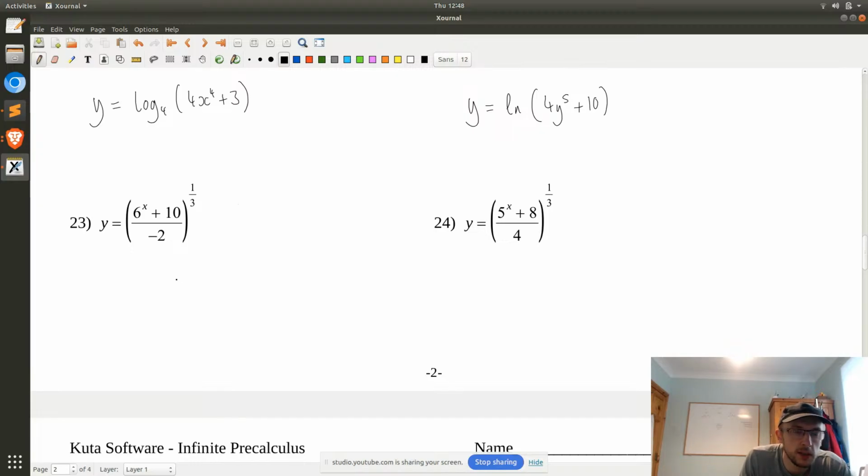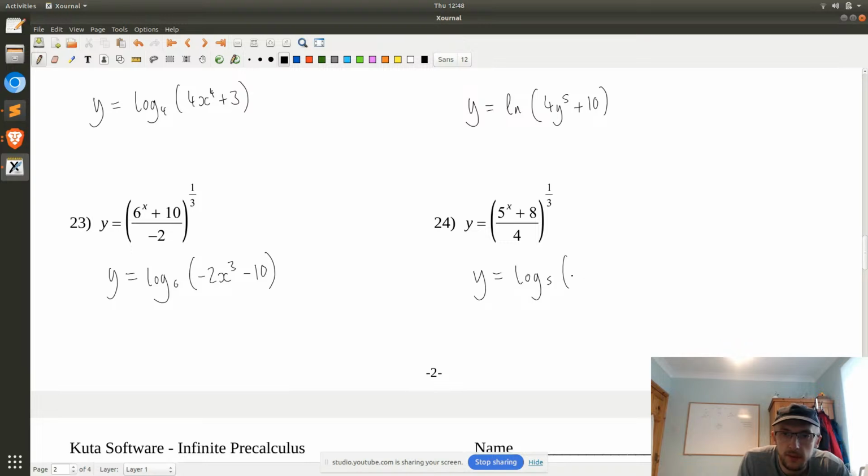Minus 2y cubed plus 10 log base 6. Okay. 4y cubed take 8.